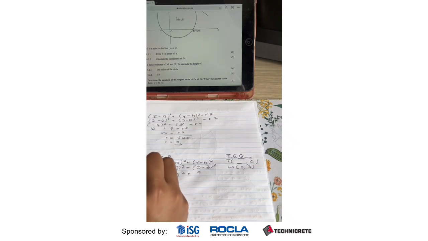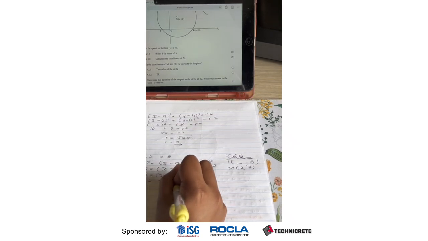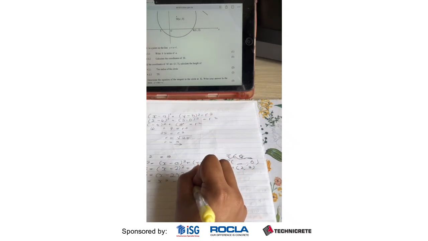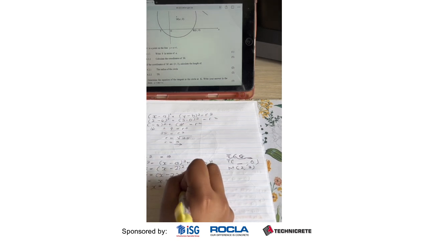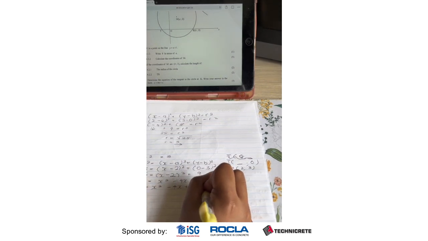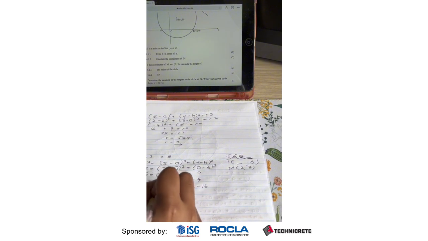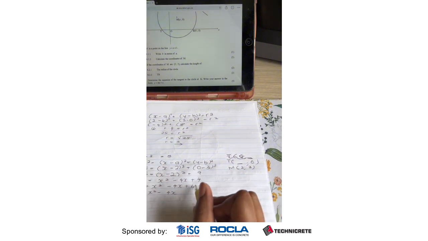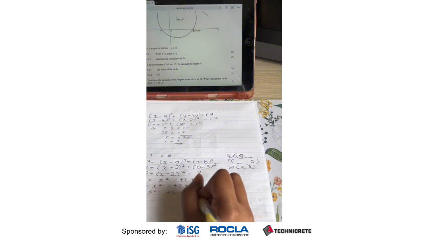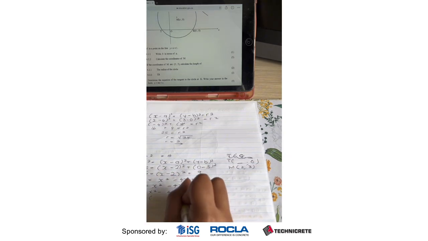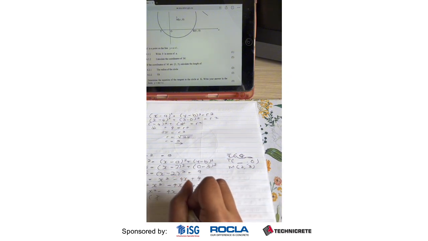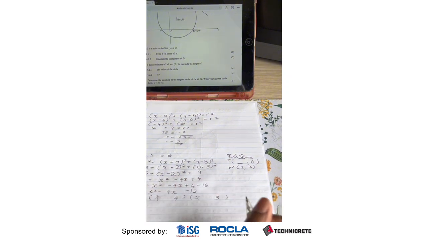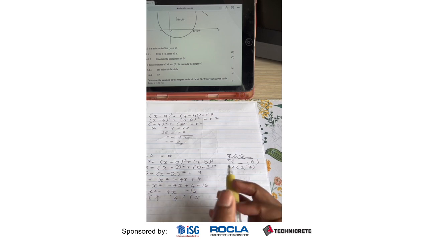25 minus 9 is 16. Here we're going to have x squared minus 4x plus 4. Let's make it 0. We can take the 16 to the other side. Minus 4x plus 4 minus 16. 0 is equal to x squared minus 4x, 4 minus 16 is going to be negative 12. We're going to find factors. Factors of 12 are 4 and 3, but that's not going to give me 4. So what else can I do?